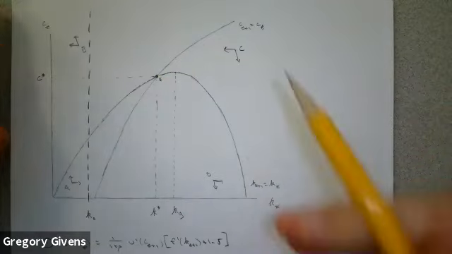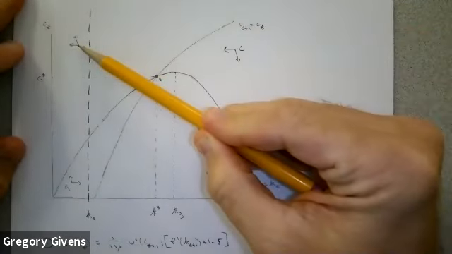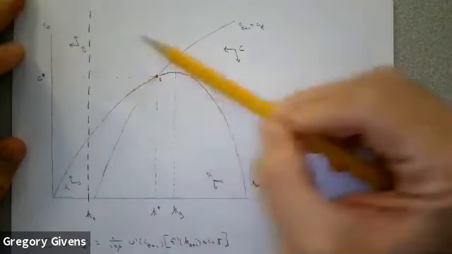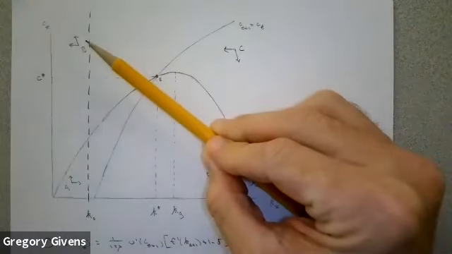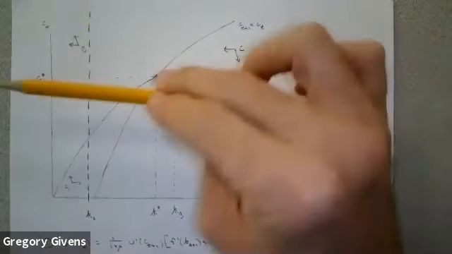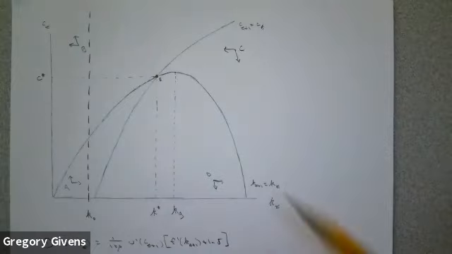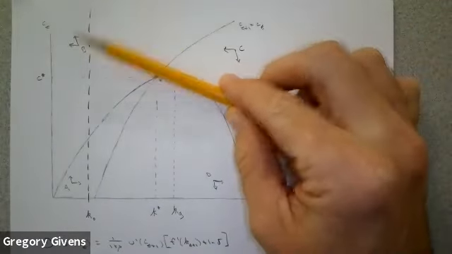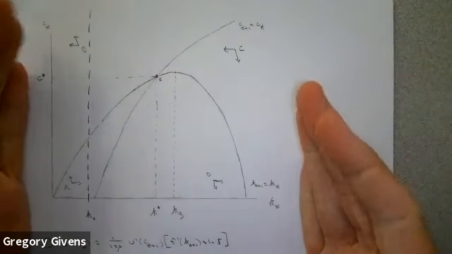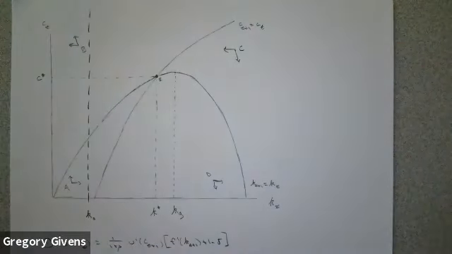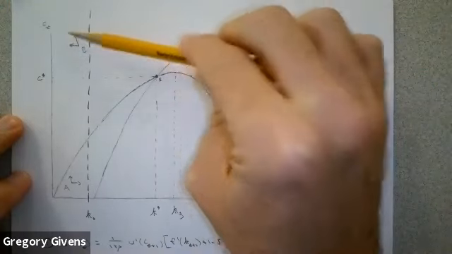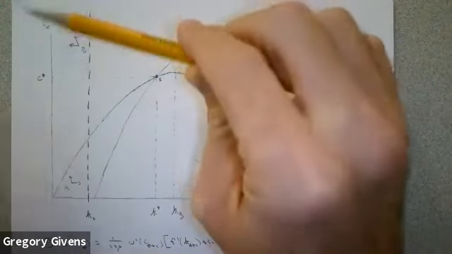And what we discovered was that if we were at a point in region B, that is, if we were at some K_t, C_t that happened to lie up here in this region, consumption was going to rise and the capital stock was going to fall over time, between periods t and t+1. So this is a snapshot of what's happening in period t. If we were to look at what happens in period t+1, then we would be at a point somewhere northwest of this point. We're moving in that direction.